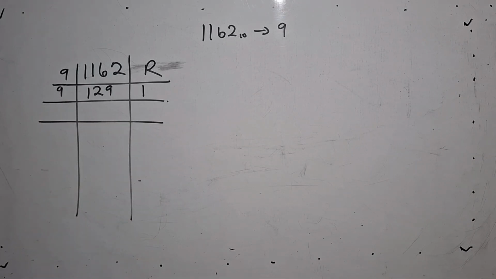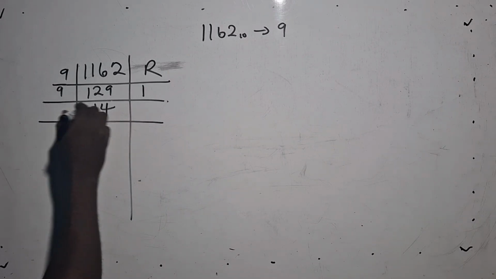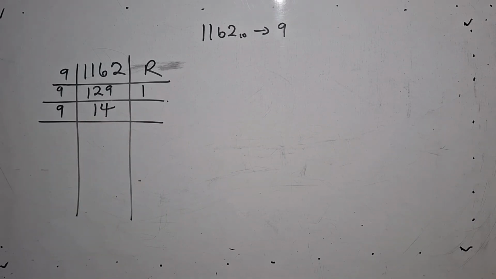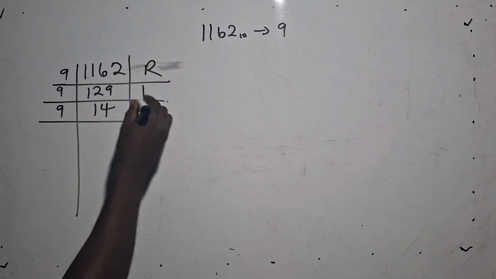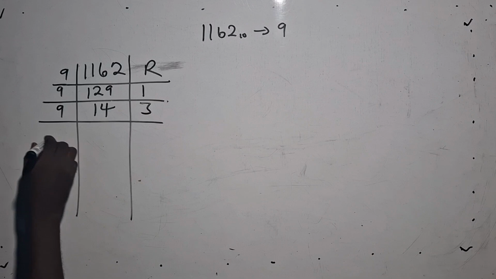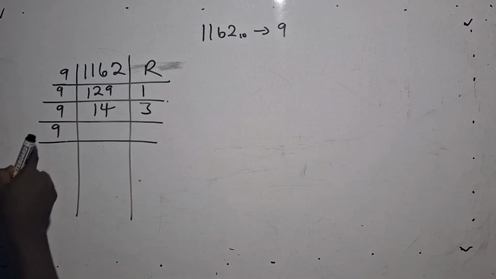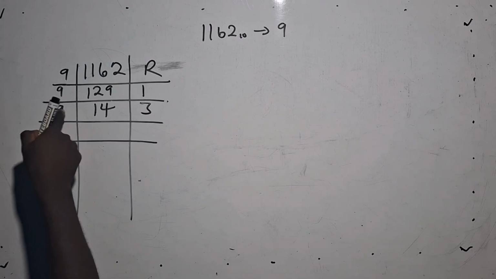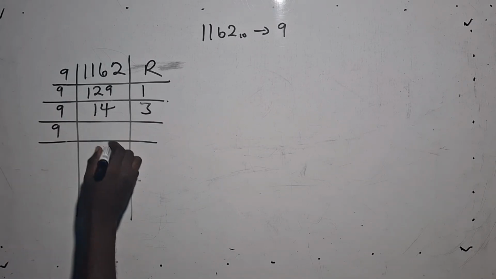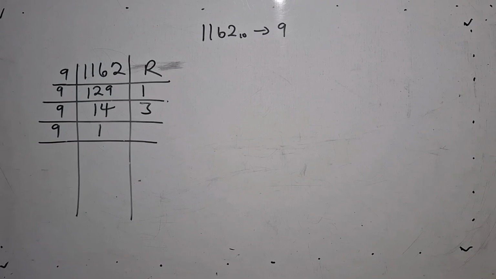So 129 divided by 9 will give me 14. And 9 times 14 will give me 126. So 129 minus 126 will give you remainder 3. Now 9 will go into 14 how many times? 1. 9 times 1 is 9, remainder 5.